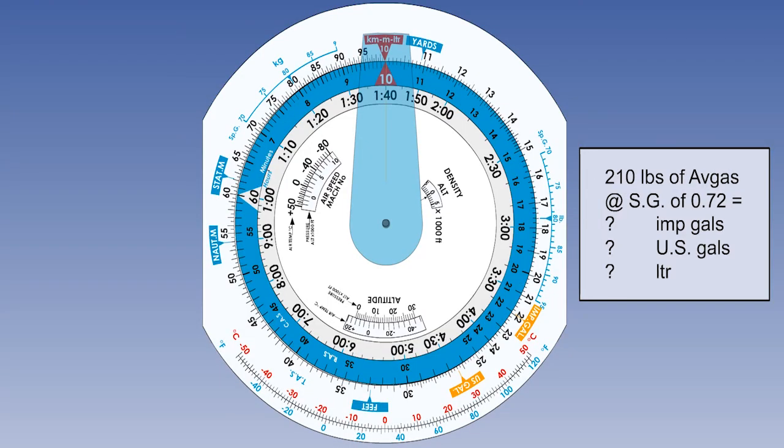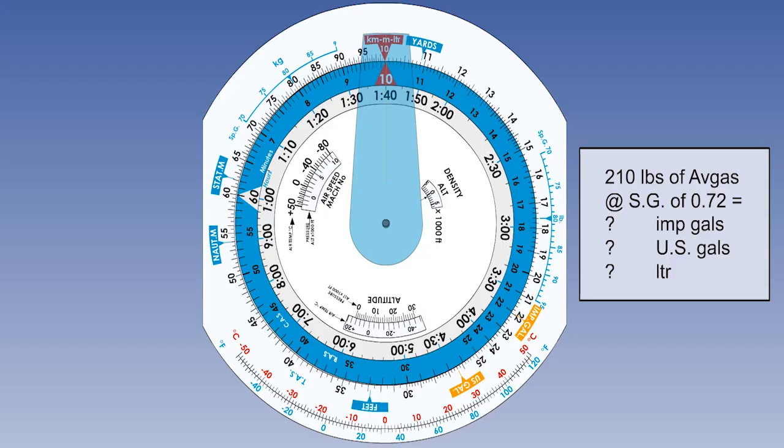Now for an example of how to convert a weight into a volume. As we always do, let's use an example to demonstrate how this function works. Convert 210 pounds of aviation gasoline at a specific gravity of 0.72 into imperial gallons, US gallons, and litres. We need a rough idea of the answers before we start.